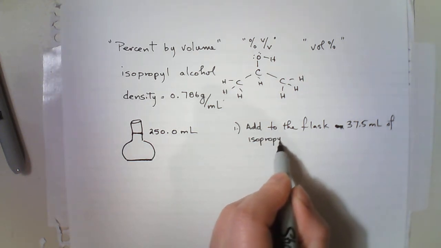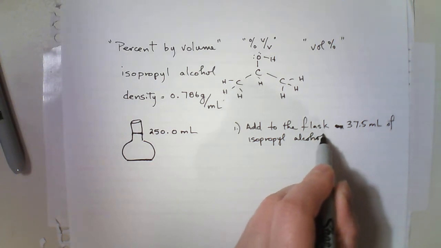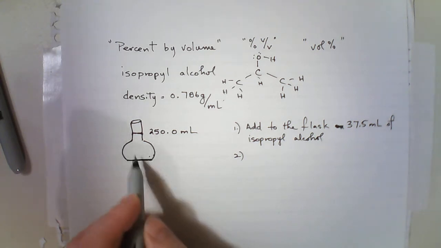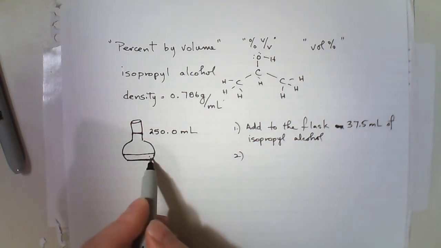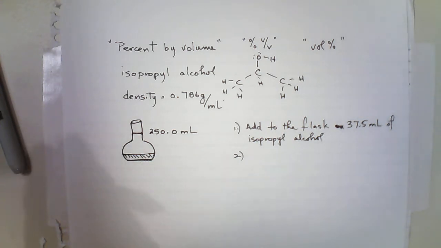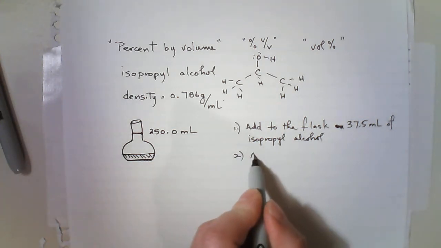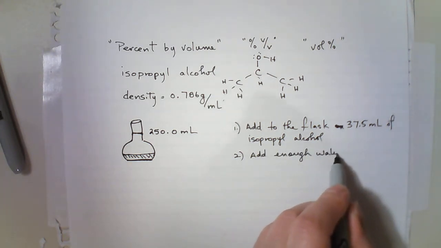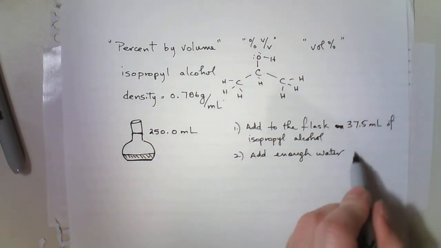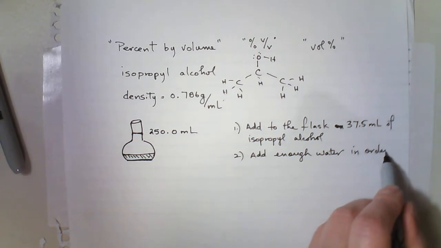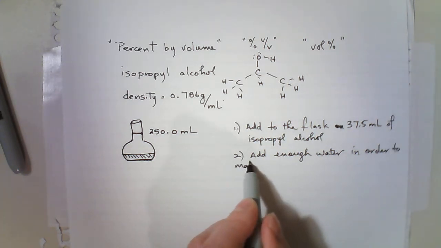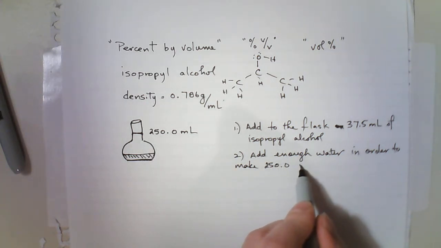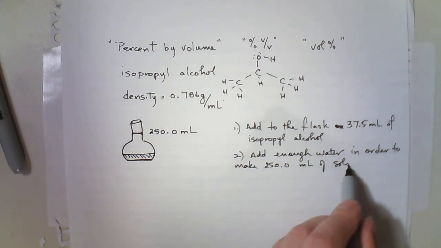Okay, so let's say that I did that, and so I put this much liquid in, it's not to scale, and then I add enough pure water after that to this flask in order to make 250, so enough to go up to that mark, milliliters now of a solution.